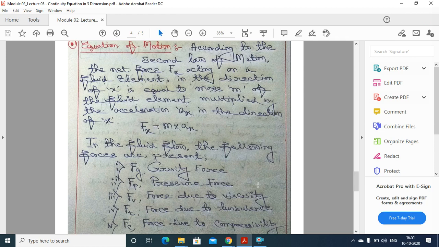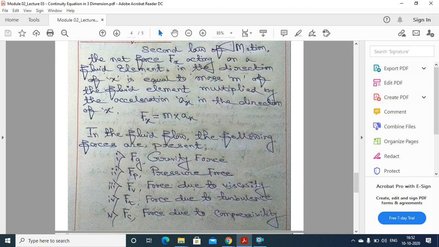Fp is the pressure force. Fb is the force due to viscosity. Ft is the force due to turbulence. Fc is the force due to compressibility. So these are the forces which will be present in the fluid flow.